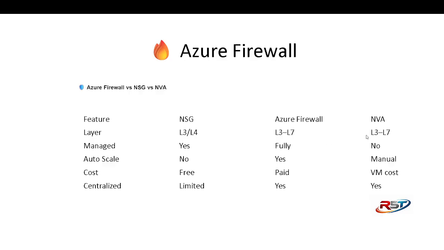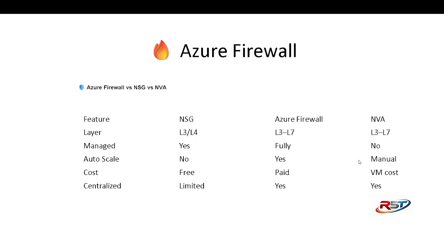Network virtual appliance also supports L3 to L7. Whether it is managed or not: network security group is managed, Azure Firewall is fully managed, and for network virtual appliance there is no management. Auto scale: will NSG auto scale? No. Azure Firewall? Yes.